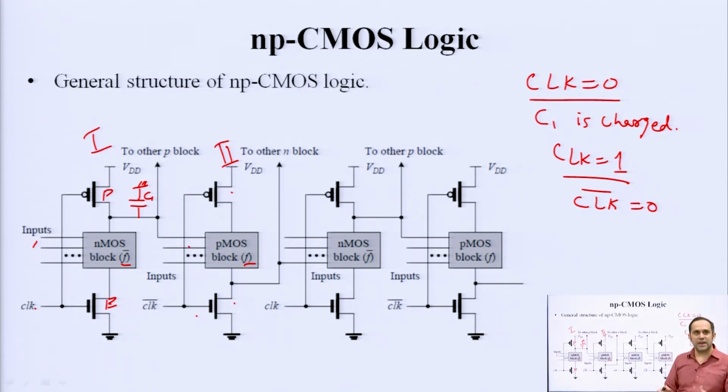In the next cycle, when clock is now 0, this clock bar goes 1, this PMOS is disconnected here in the second stage, this NMOS turns on. So, at this point, depending upon what you have here and the inputs, some output is transmitted. So, the pre-charge and evaluation of each stage is happening alternatively.